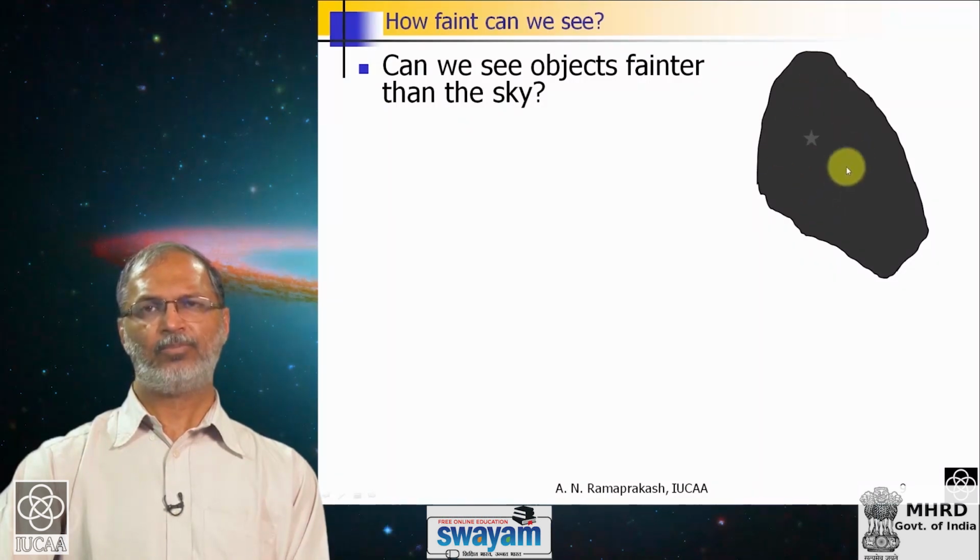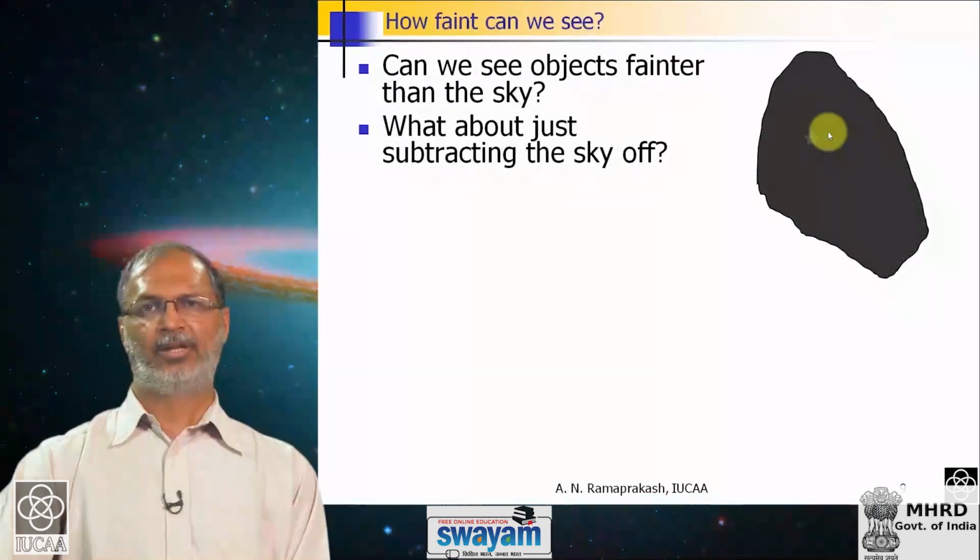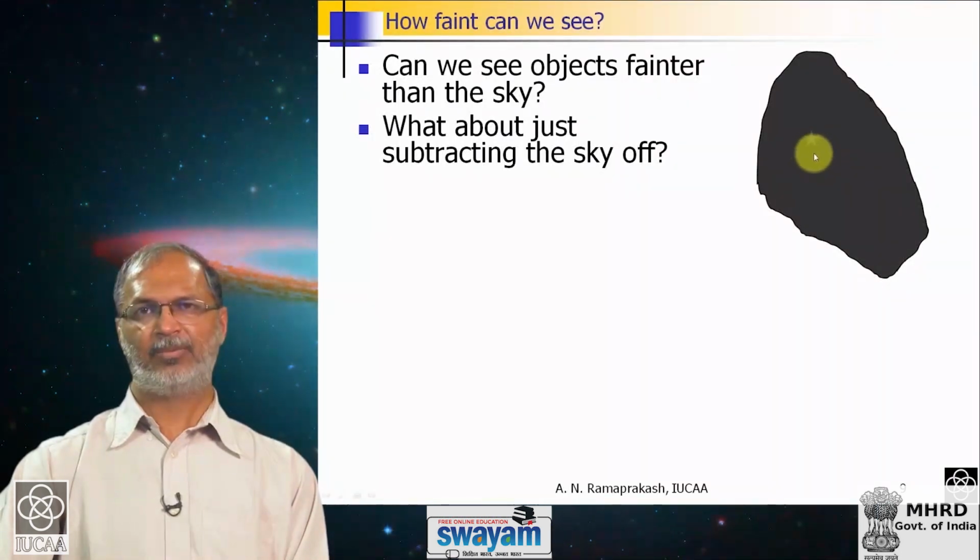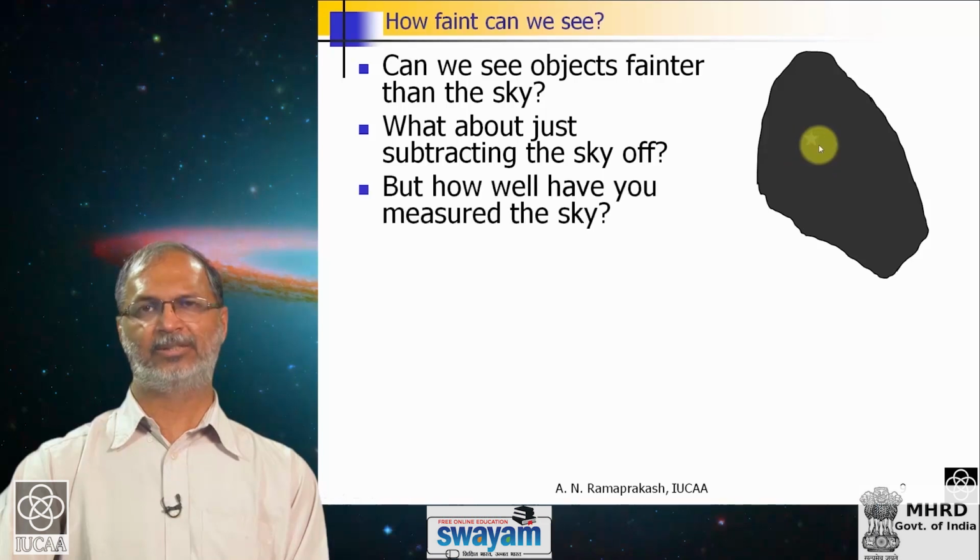So, as you can see, there is clearly a limit coming from the sky of how faint an object you can see, but is this an ultimate limit? The question is, if I do not see a star here because the sky is bright, but I point a telescope toward that region of the sky and collect the total light coming from that region, which is the total light from the sky as well as from the star.